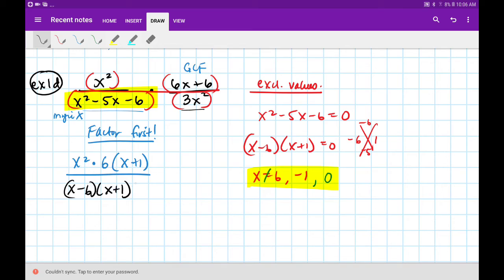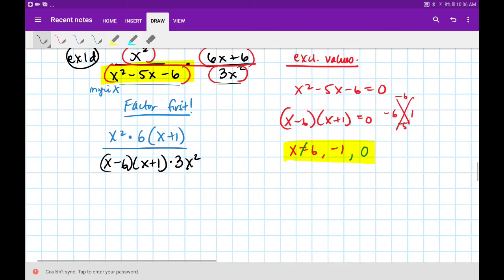And then 3x squared does not factor. We just leave it like 3x squared. And now we're ready. So let's find our common factors. Up top I have 1, 2, 3 factors. In the bottom I actually have 1, 2, 3, 4, because right, it's 3 times x squared. Just good to keep in mind.